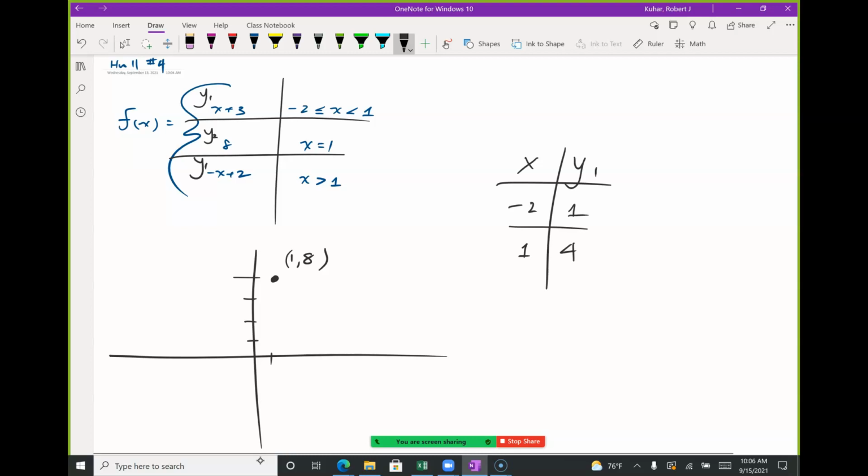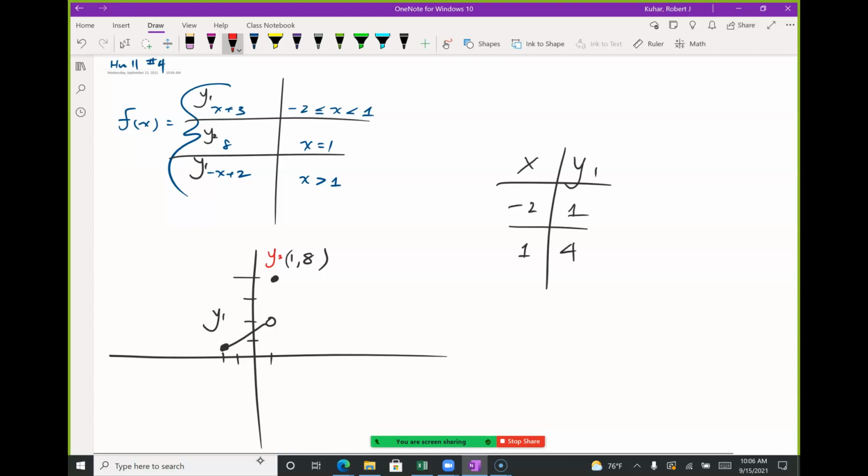So at 1, I get a 4, and it's empty, and at -2, I get a 1, and it's solid. So there's my y1 piece, there's my y2, and now I just have to graph y3. Are you with me here?